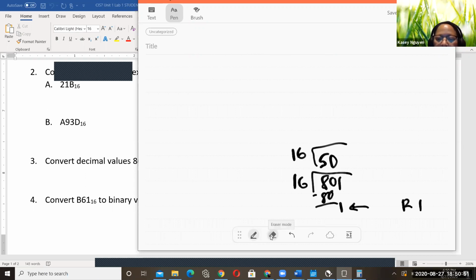So let me, sorry, I'm going to make it a little cleaner so you follow. So 50 divided by 16. Okay, so that's 3 times. That gives us 48, which gives us the remainder of 2.